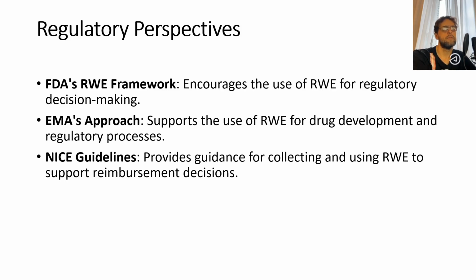For example, to approve a certain drug on the market or make some alterations in certain documents describing how this product could be utilized. And the EMA supports the use of real-world evidence for drug development and regulatory processes.